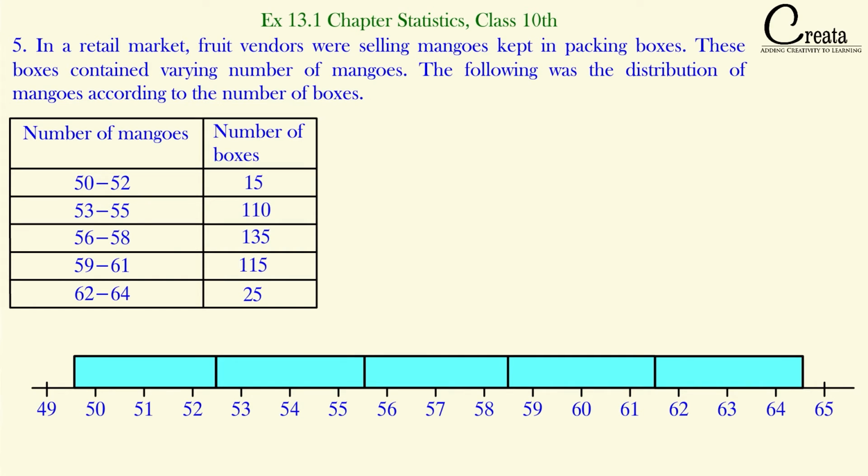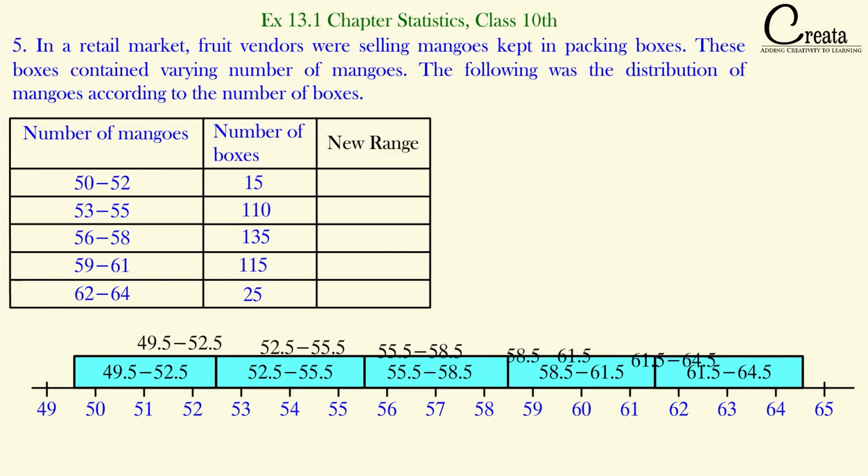Now we got a complete case in which we are not having any gaps. Got it? For the first case, we got the range as 49.5 to 52.5. We have decreased the limit by 0.5 and increased the limit by 0.5. Similarly, the second range will be 52.5 to 55.5. Similarly, we have done this for all the cases.